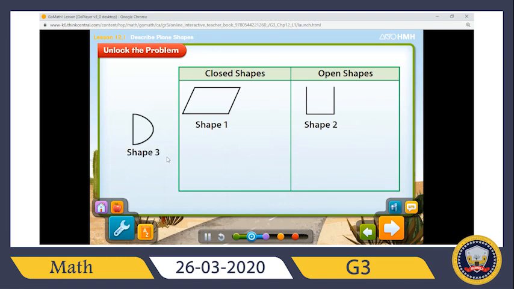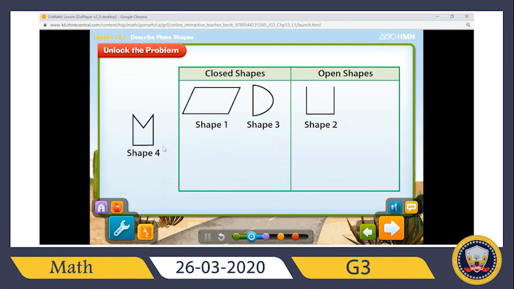Shape 3. Right now I need to start from a point. The start point is here. Now I need to track the line segments. Okay, let's check. 1 and 2. So I start and end at the same point. In this situation, will it be closed or open? Which one is it? Closed shape. Good job.